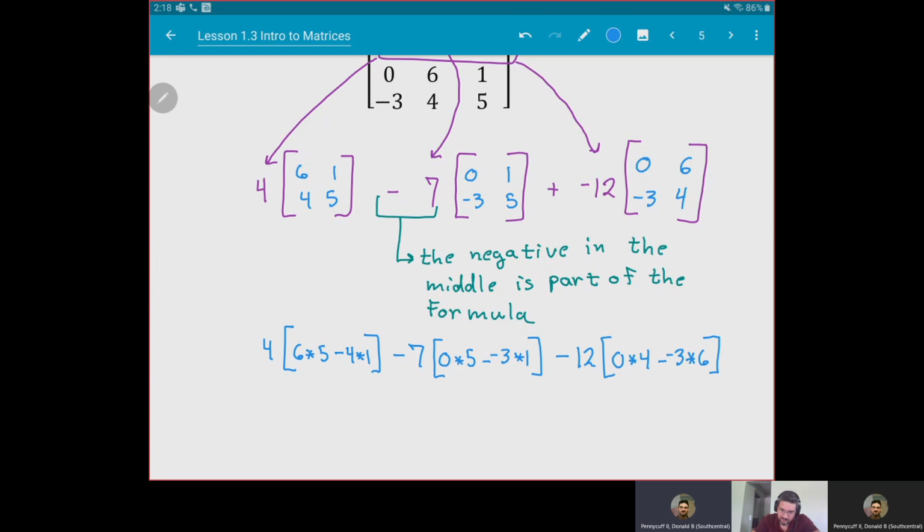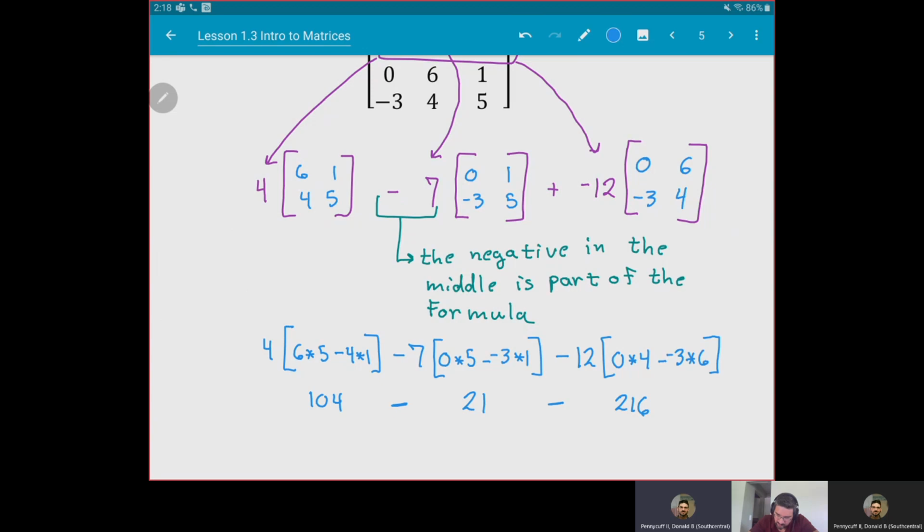So that's going to be 30 minus 4 times 4, so that's 104, minus 21, minus 3 times 6 is 18 times 12, 216.